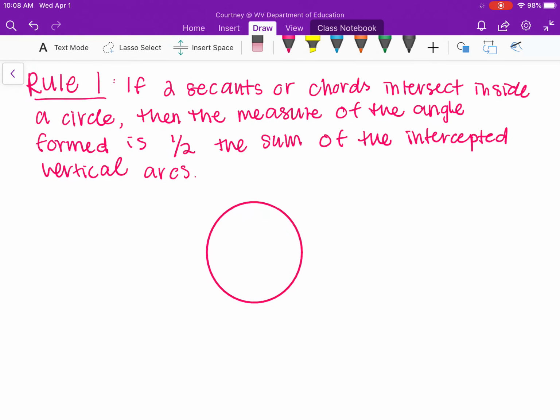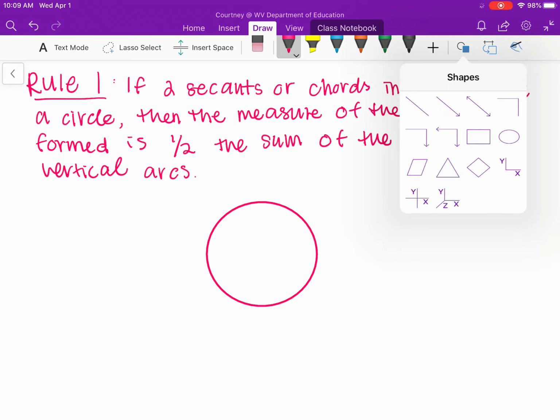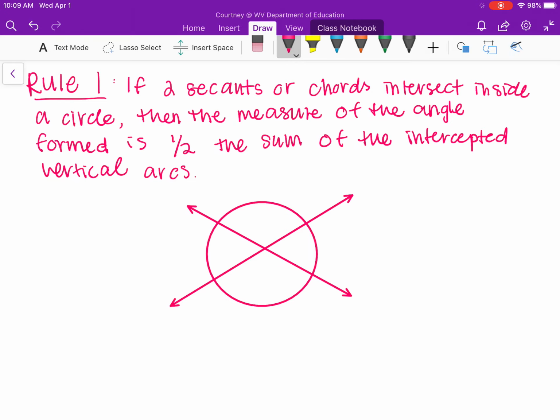So, say we have a circle here, and we have just 2 secants crossing. One here, one going this way. Okay, and let's name those.